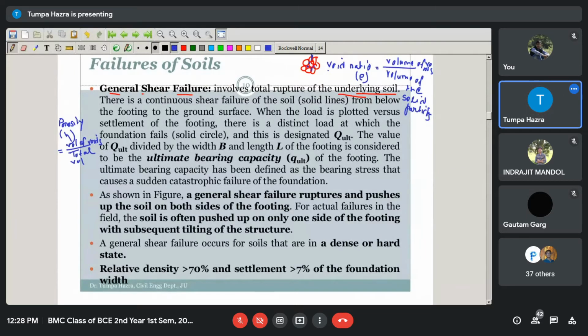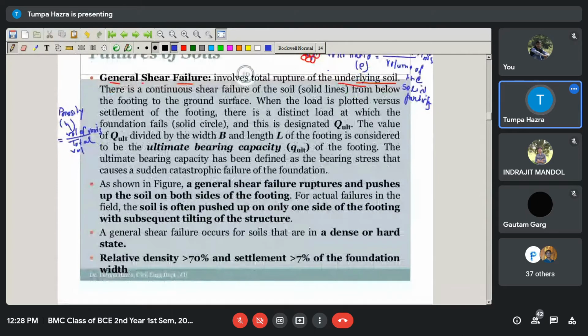Now the general shear failure basically involves the total rupture of the underlying soil, when the relative density of the soil is greater than 70%.